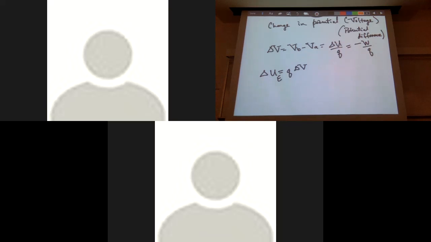So good. Now that we know this, we can use conservation of energy and say that our change in kinetic energy plus our change in electric potential energy is equal to 0, which means our change in kinetic energy plus the charge times the change in potential is equal to 0.